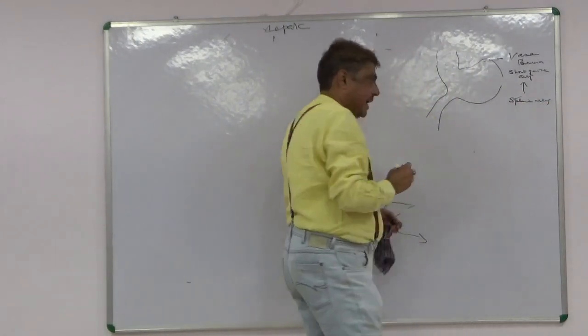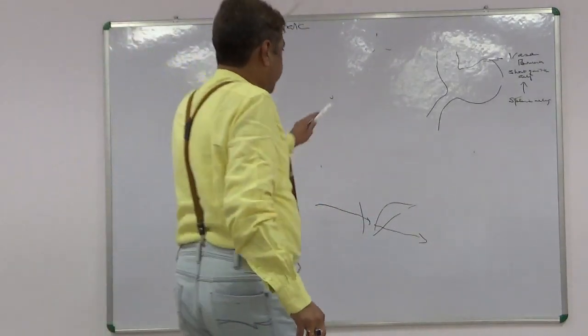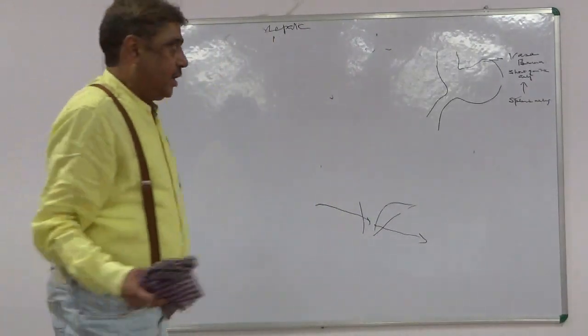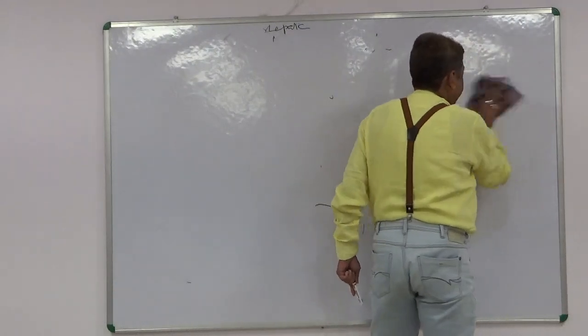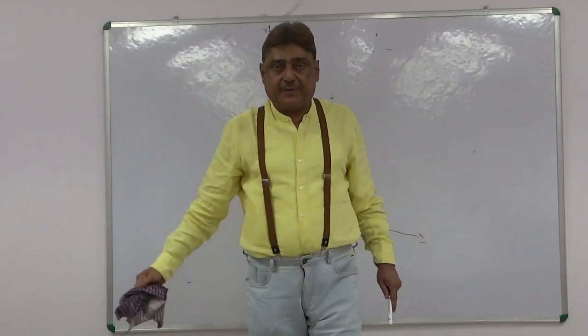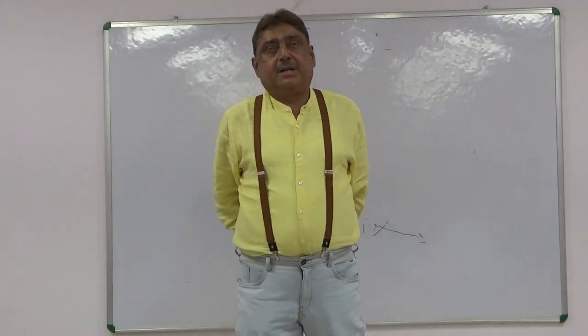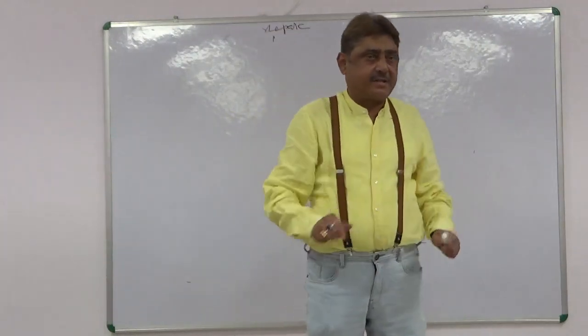I repeat once again, before things become clear. The lesser curvature is supplied by the left gastric artery, which is a branch of the celiac trunk, and the right gastric artery, which is a branch of the common hepatic artery. The pancreatoduodenal artery supplies the duodenum and the head of the pancreas.